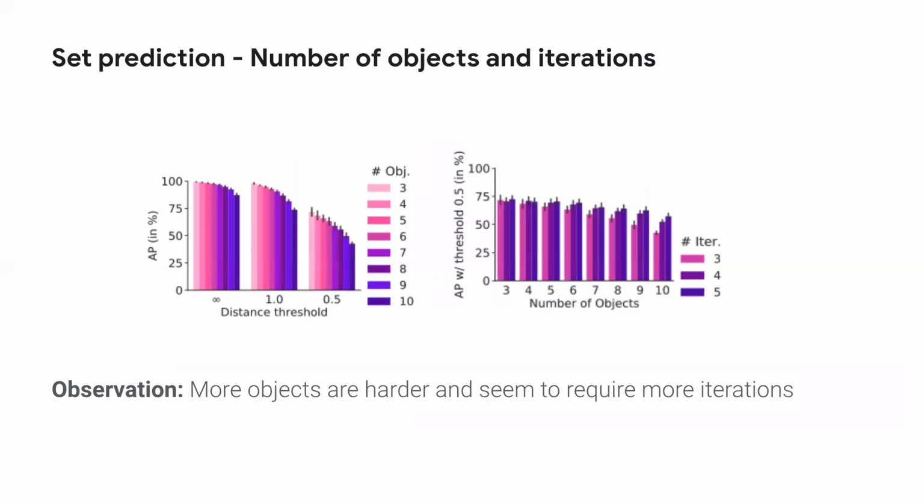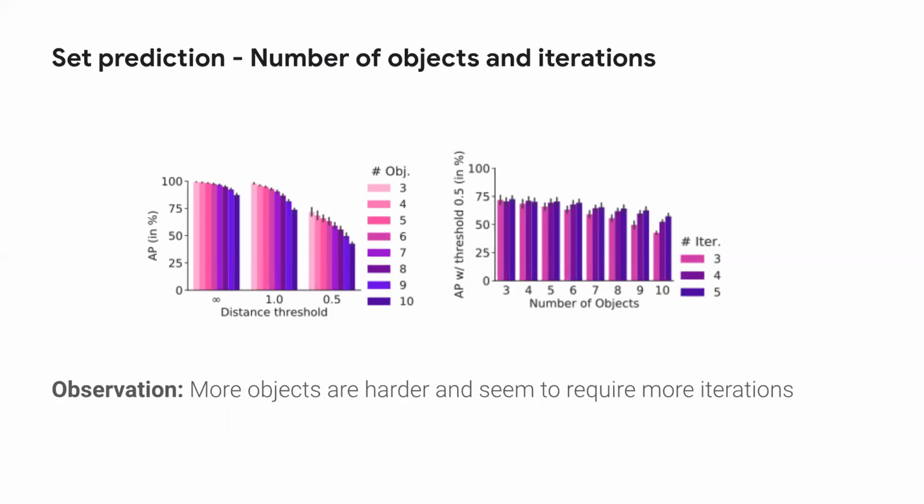Another interesting thing, which is actually not in the paper right now, I just wanted to show it, is that you can look at how the performance depends on the number of objects. Here we stratify the AP for different numbers of objects. You see that less crowded scenes are easier to separate.